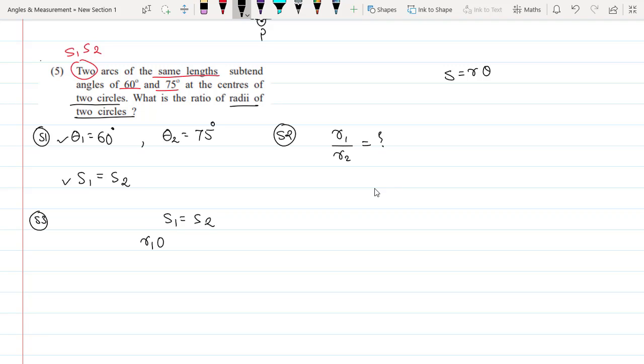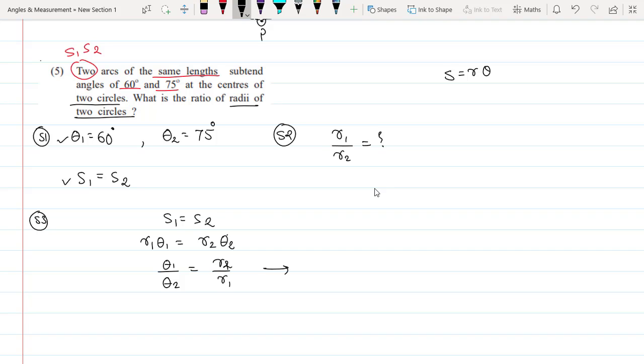It's R1 theta 1 is equals to R2 theta 2 होईल का हो? Can I write like this? Yes, sir. So let's have theta 1 by theta 2. हा theta 2 ला इकडे आणला, मग हा R1 ला इकडे आणा. So R2 by R1 होईल. Is it okay? ह्या theta 2 ला इकडे घेऊन आला आणि हा R1 ला इकडे घेऊन आला.